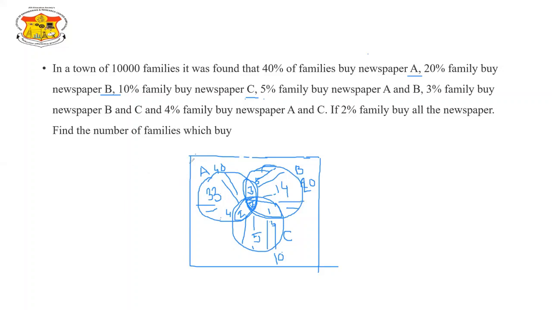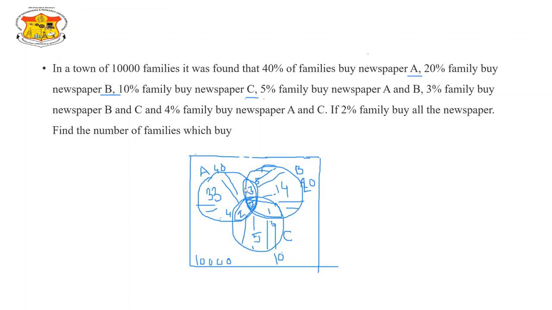And whatever is in this rectangle, this rectangle means what? This is 10,000 families. Okay, 10,000 families. So got it? How to draw this Venn diagram?